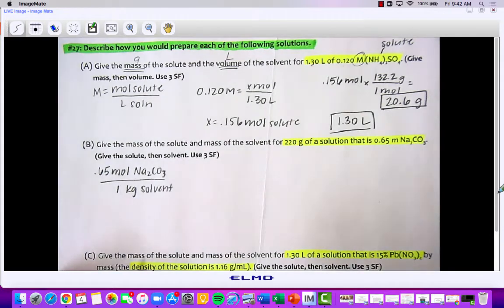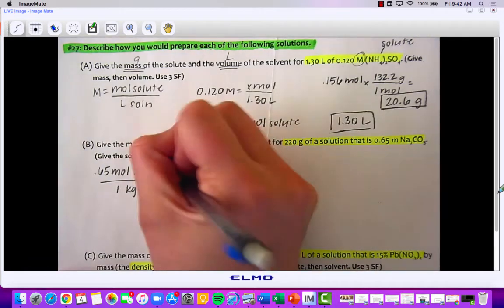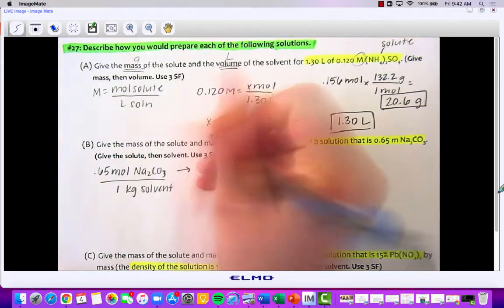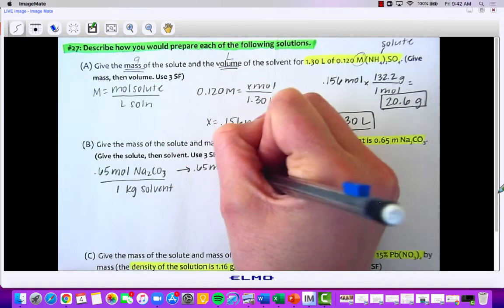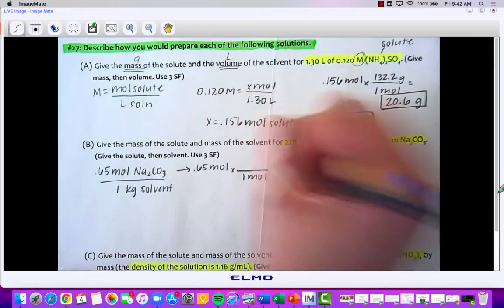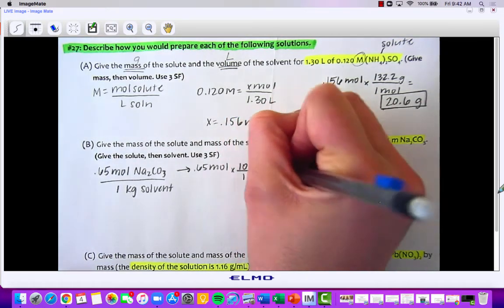That's what that means. We have 0.65 moles of sodium carbonate in 1 kilogram of solvent. So let's take each of these and let's go to the same unit. So let's go to grams. So I'm going to take 0.65 moles of sodium carbonate and I'm going to go to grams. Molar mass of sodium carbonate is 106 grams per mole.